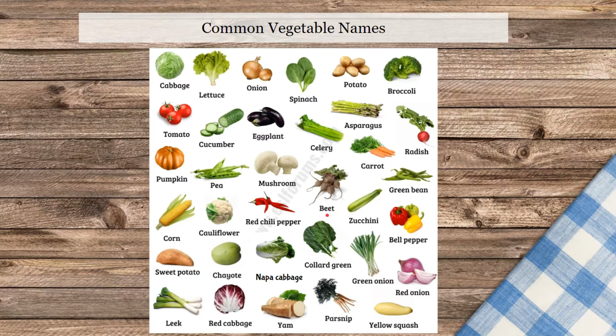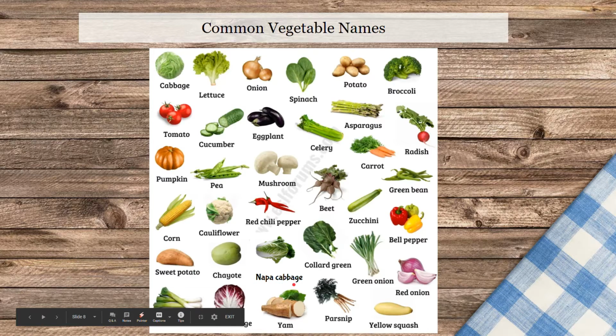beet, corn, cauliflower, red chili pepper, zucchini. Did I say green bean? Green bean. Bell pepper. Sweet potato. Chayote. So this vegetable I actually didn't know, but I looked it up and the internet says chayote.